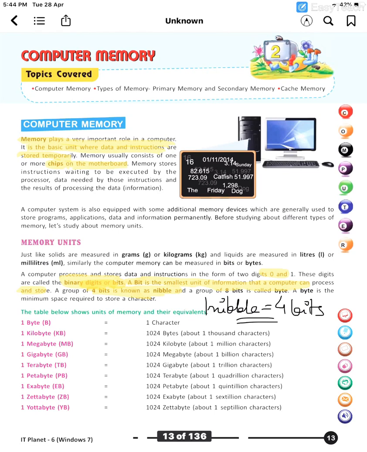Now a group of 8 bits is called a byte. That is why you can see 1 byte is equal to 1 character, that is 8 bits. So in this way 1 kilobyte is equal to 1024 bytes, that is about 1000 characters. 1 megabyte is equal to 1024 kilobytes, that in turn means 1024 into 1024 bytes.